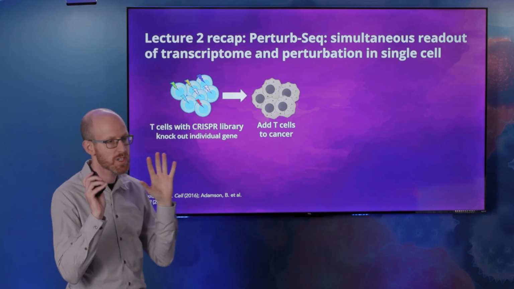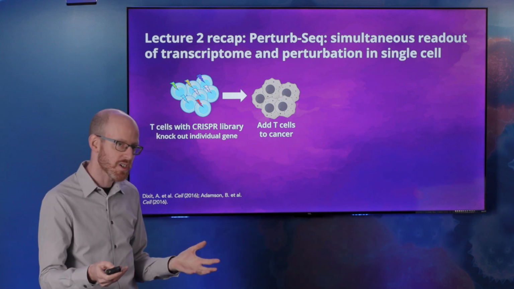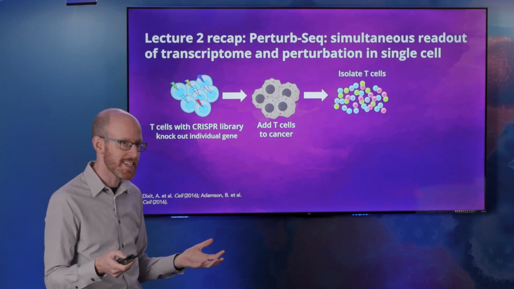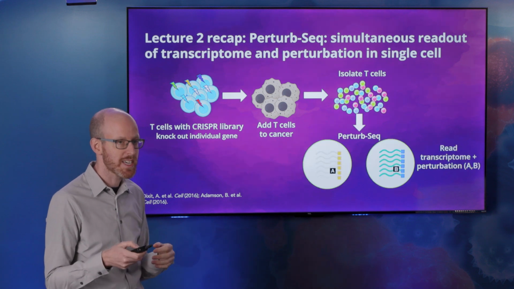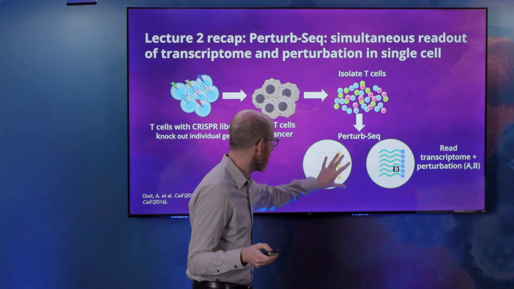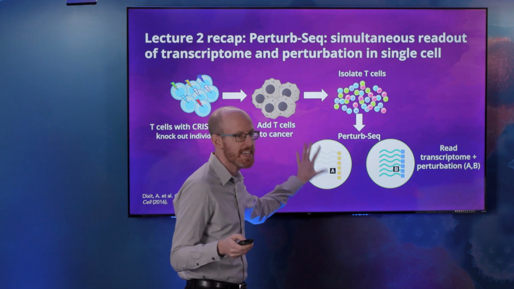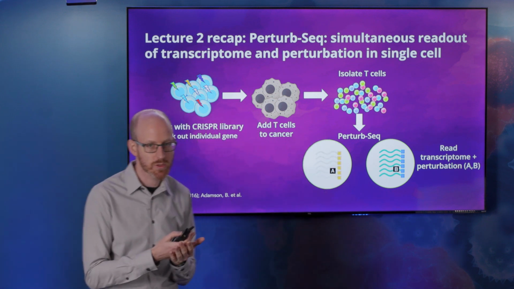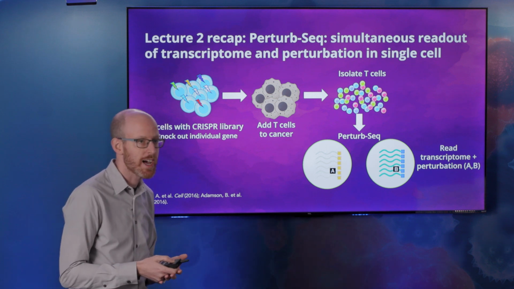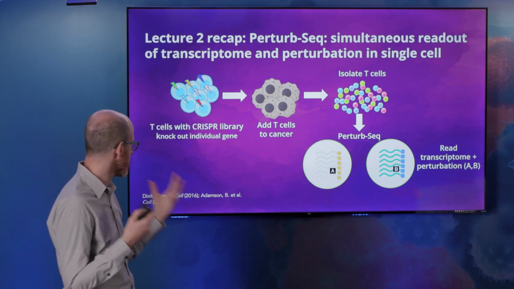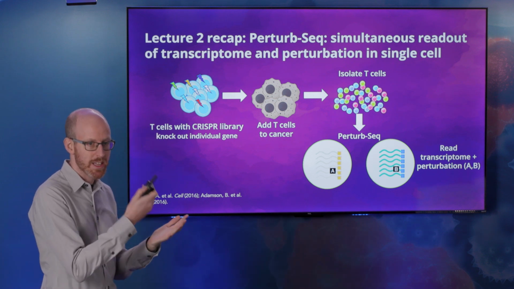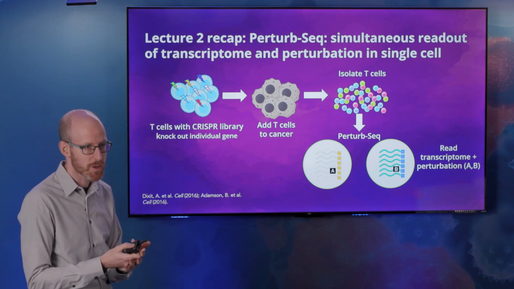And then we introduced those T cells into cancer, let the T cells fight the cancer for some time, isolated the T cells, and then used sequencing to read out both the perturbation that that cell received, as well as the resulting gene expression in that single cell. And so this lets us read out perturbations in parallel, as well as the gene expression measurements or expression values for single cells.